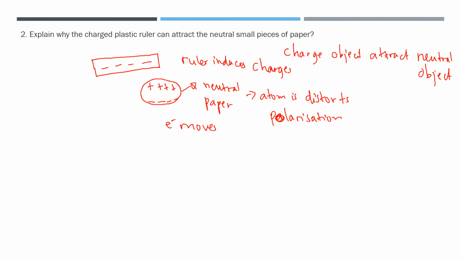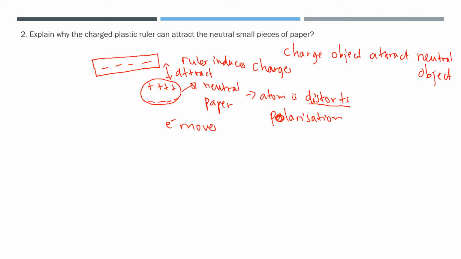The atom is distorted and polarization occurs. The electrons are repelled to the far side, leaving the positively charged atoms near the ruler. This is what causes the attraction. We know that negative and positive attract, so this causes the attraction between the paper and the ruler.